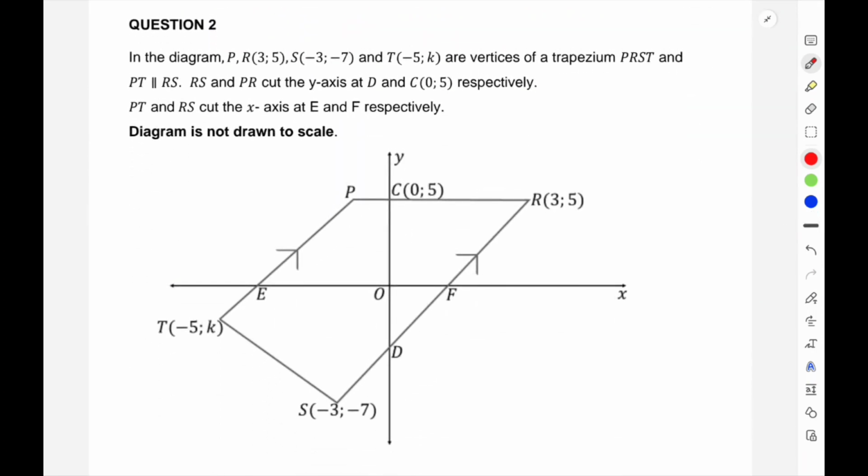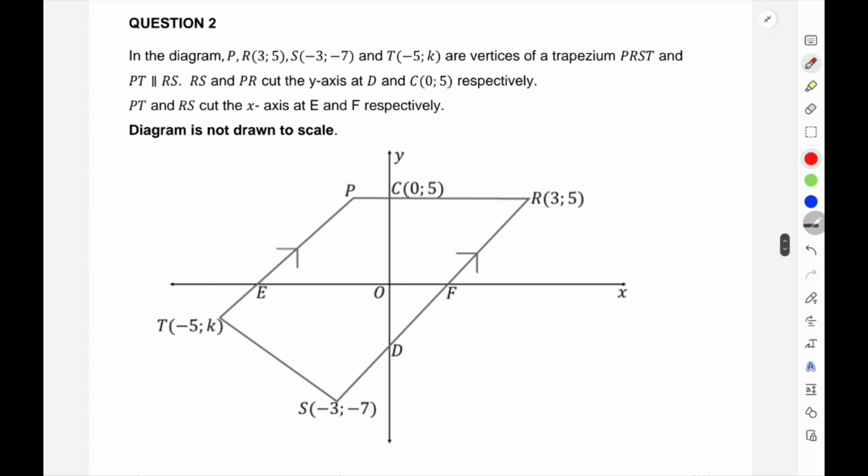Sorry. Okay, in the diagram, P, R, S, and T are the vertices of a trapezium. So we know that one pair of opposite sides are parallel.